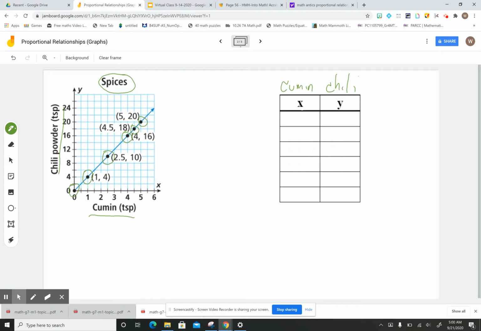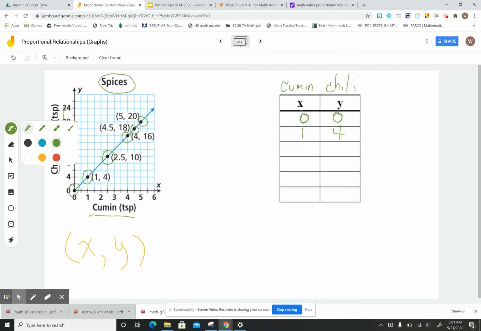So the first ordered pair, if you notice, there's a point, is 0, 0. So I'm going to plot that. 0, 0. So it's on the graph. It's on the table. Our next ordered pair is 1, 4. And just as a review, just know that when you have ordered pairs, the first number is the X coordinate. The second number is the Y coordinate.